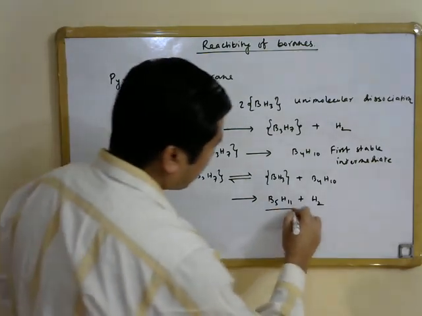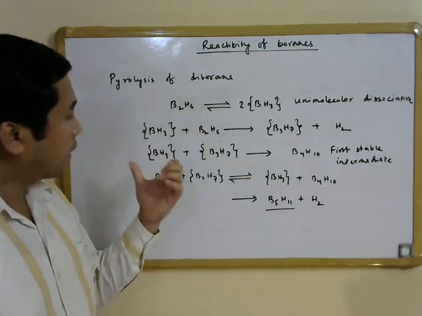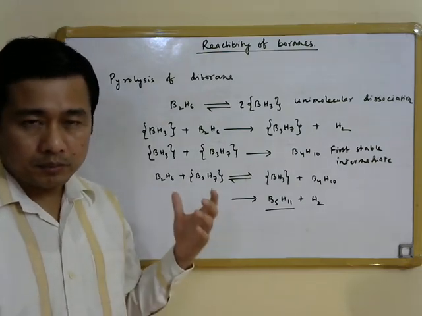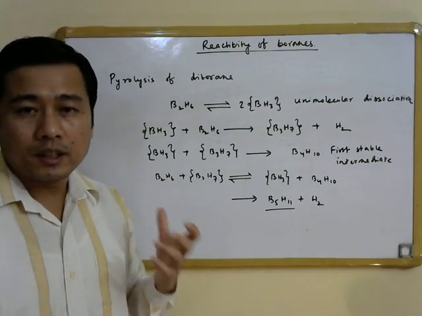So this is a stable intermediate that can be formed during the pyrolysis of diborane, and in fact all other higher boranes can be prepared during the pyrolysis of diborane.